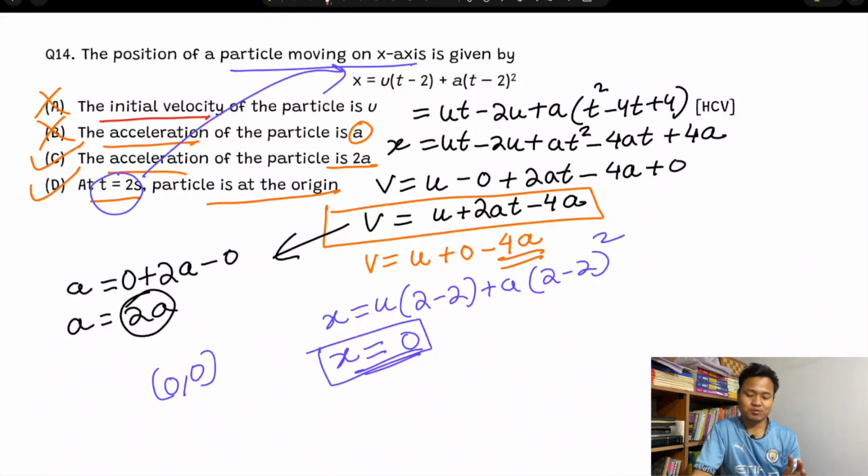Okay, so this was the first part of motion in 1D. Basic quantities: distance, displacement, speed, velocity, acceleration, average velocity, average speed. You just go back and solve all of these questions again.